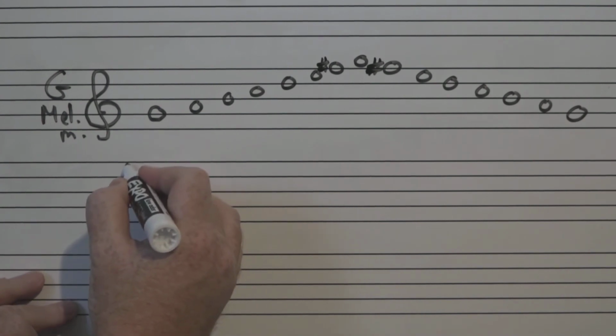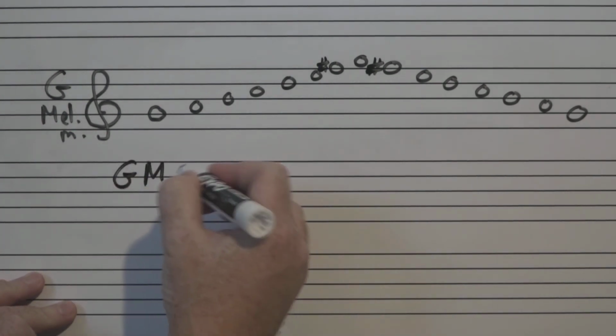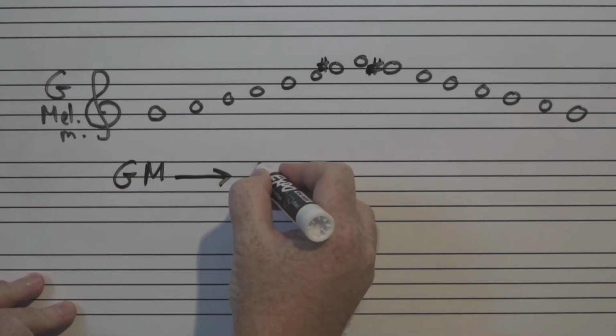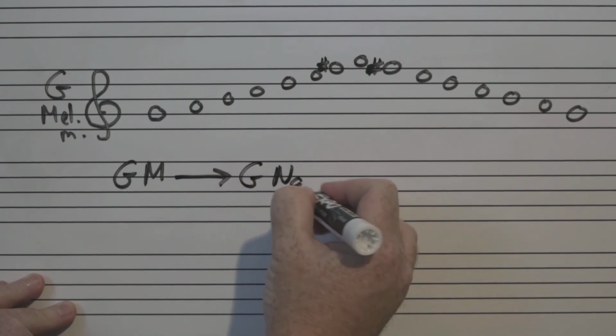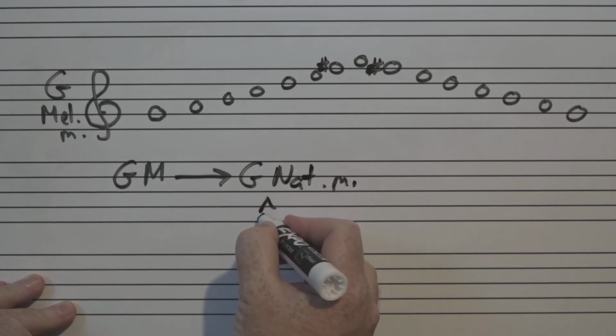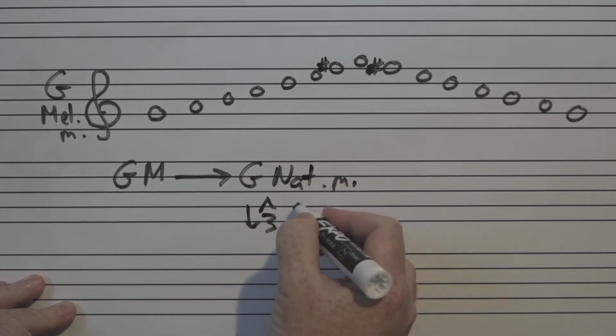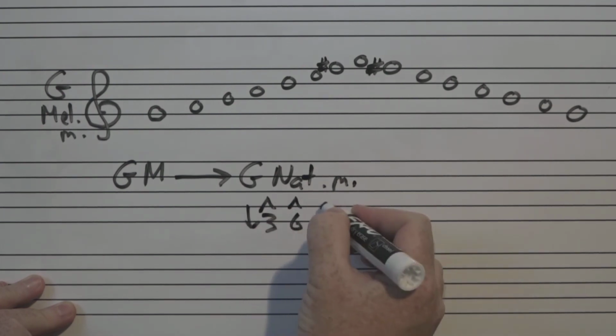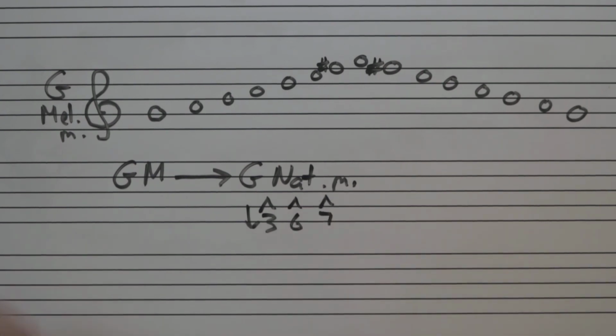So that is G major. Now let's go to G natural minor by lowering scale degree 3, scale degree 6, and scale degree 7. So here we are.